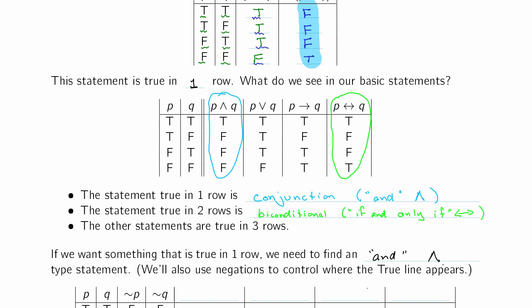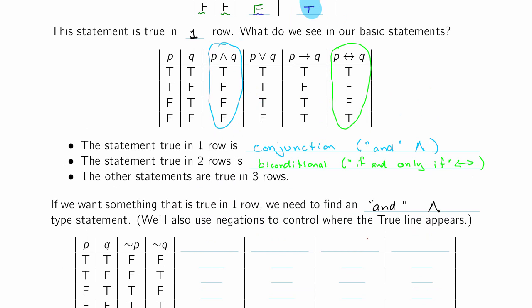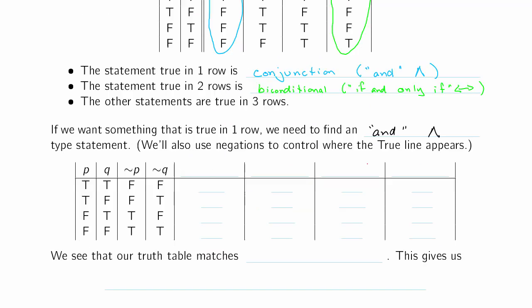Because there are four ways that we can combine negations and the and conjunction. We could have no negations at all and just have P and Q. We could have only P negated, so not P and Q. We could have only Q negated, so P and not Q. And we could have both statements negated, not P and not Q. And watch what happens when we do this.